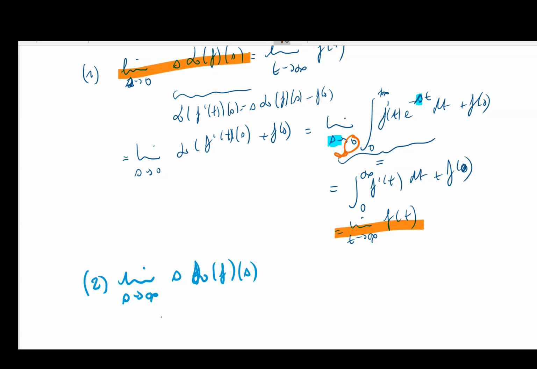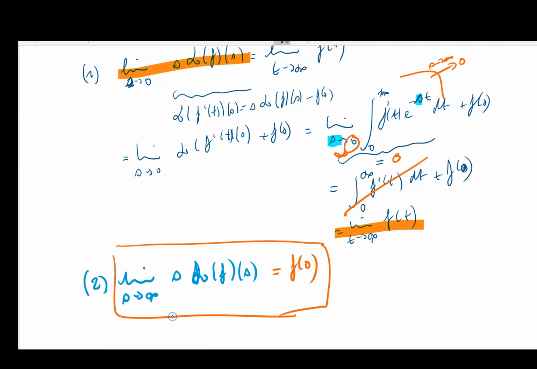At infinity, when s tends to infinity, that's just going to give you 0, because this is what we said earlier, that integral goes to 0 as s tends to infinity, so the Laplace transform of anything goes to 0 as the Laplace variable tends to infinity. So that goes to 0, and we are only left with f of 0. Okay, excellent. So that's the second part of the initial and final value theorem.